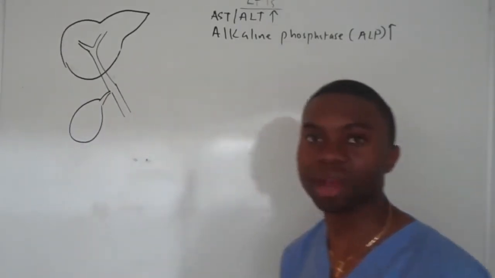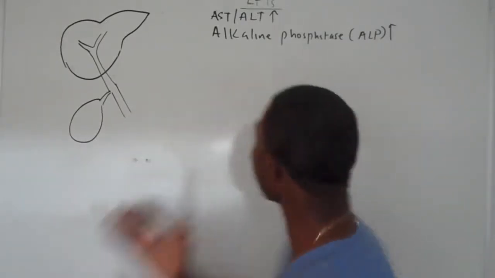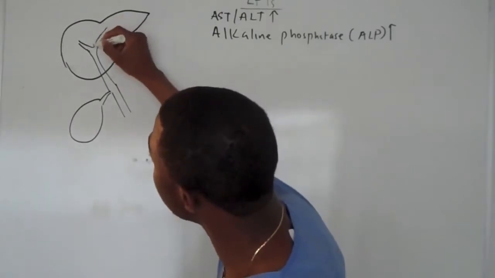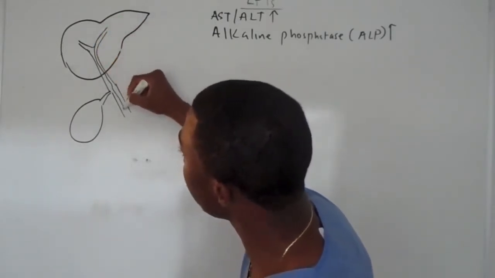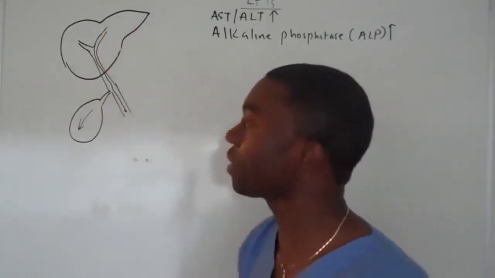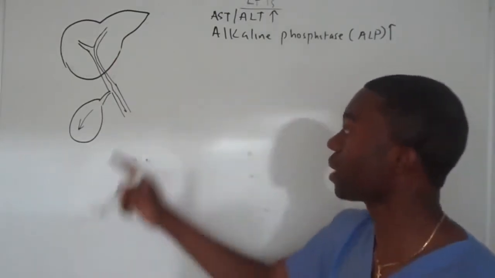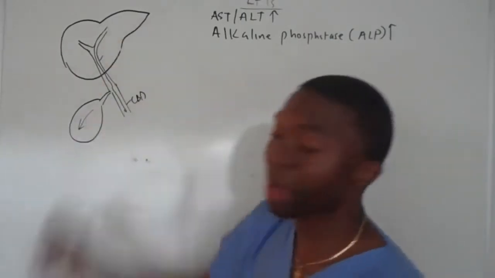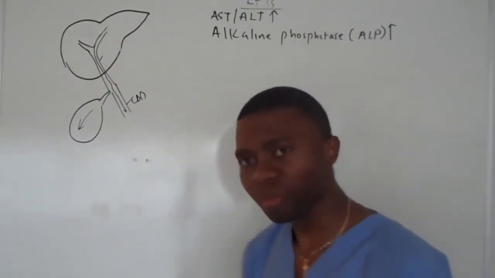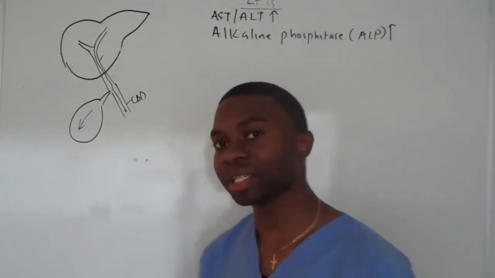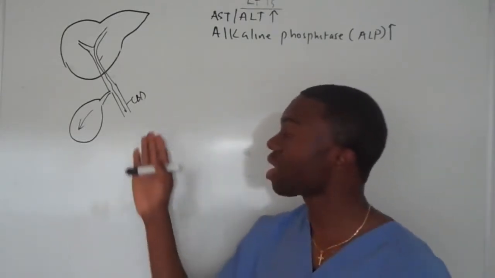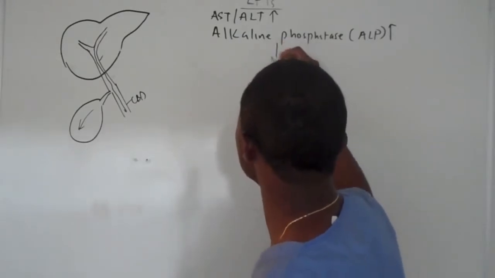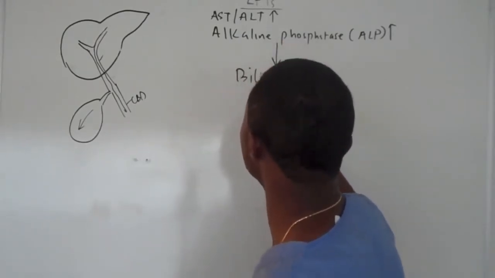Like I said, everything is kind of anatomy. You picture what's going on, like where can this be coming from? So anything within this biliary tree, coming all the way down, even into the gallbladder. If anything happens to the gallbladder, this goes up. Anything happens to the common bile duct, you're in trouble. Intrahepatic duct, you're in trouble. So I want you to get a general idea that alk-phos does come from the biliary tree. So when you see that, think biliary.